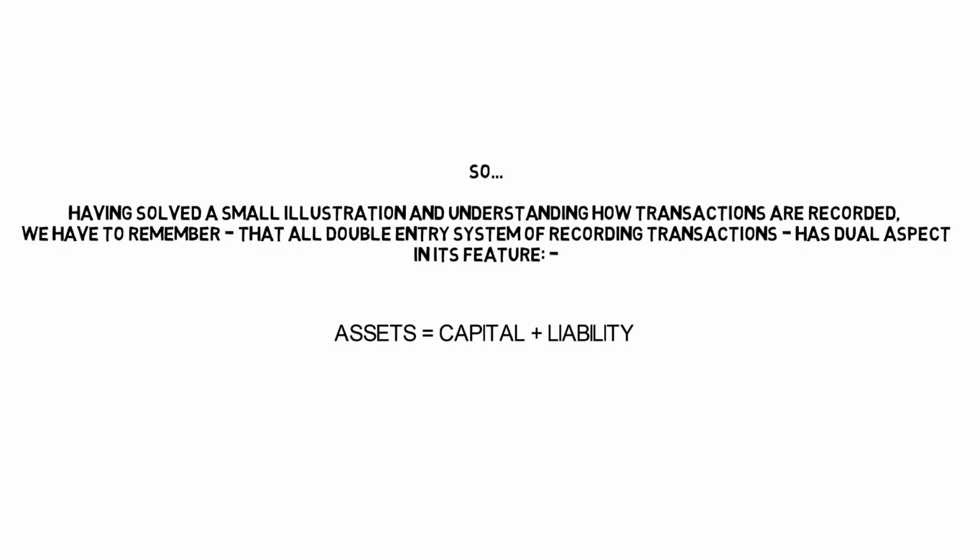All accounting transactions henceforth will be following double entry system. Every single business that you look at in the world follows the double entry system, which highlights assets are always equal to capital plus liability. In other words, whenever there is a debit in the business, there is always going to be a credit in the business. This is the universal logic that you have to remember. Any transaction, there will always be debit. Any transaction, there will always be credit. That is why it is called the double entry system.